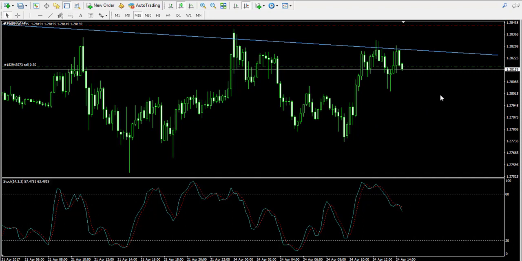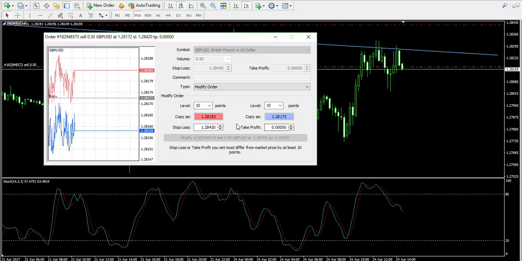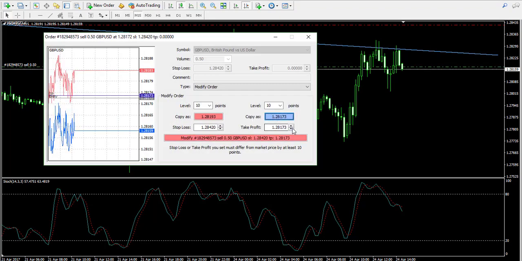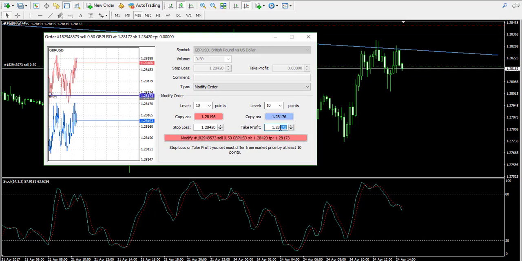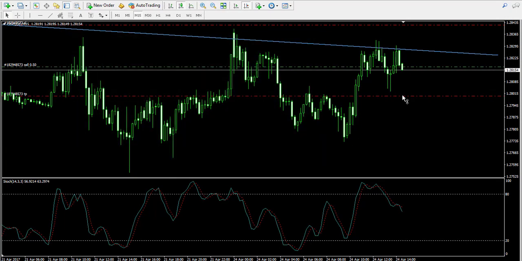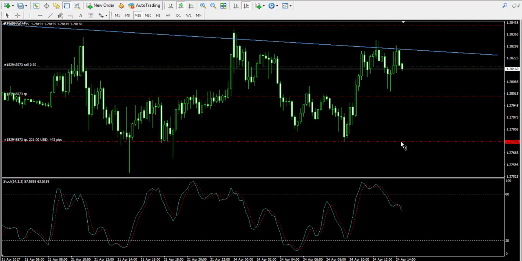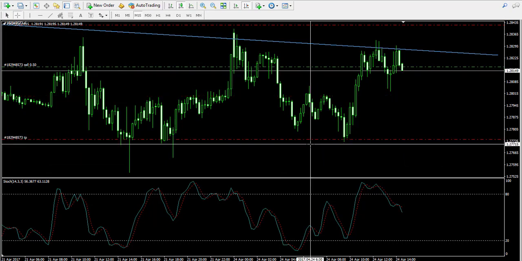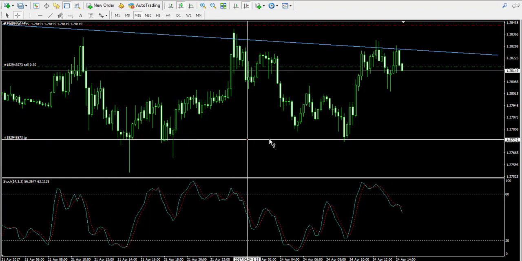What else can I do now? The other thing I tend to do is to place a take profit order, although I'm not going to use that take profit order to exit the trade, but I'm going to use signals from the stochastic and from the price action on the chart. Nevertheless, I'm going to put a take profit order somewhere over here at this support zone.